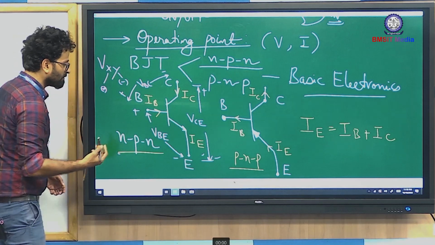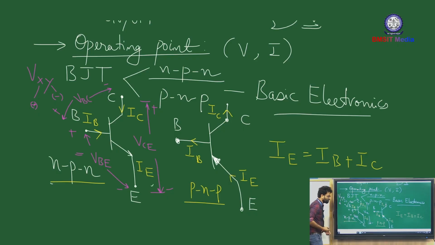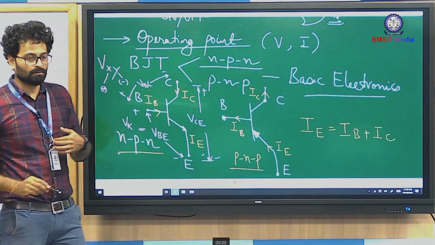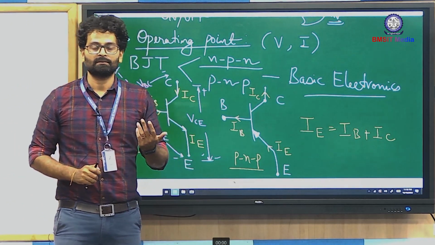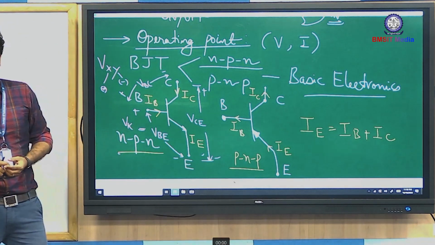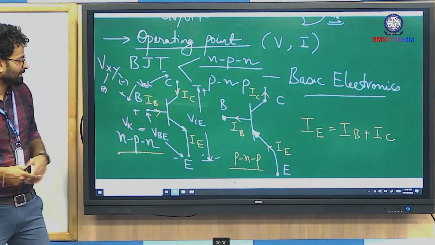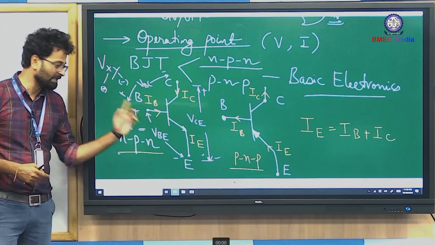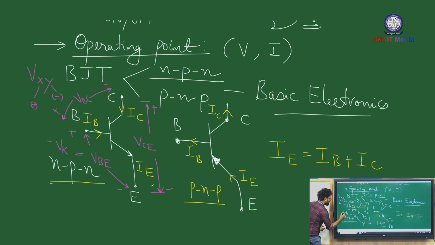In case of a transistor, this VBE is equal to the threshold voltage of the semiconductor material. For example, if your transistor is constructed using silicon, then the barrier potential of the PN junction for a silicon diode is going to be 0.7 volt. So this is for silicon. On the other hand, if you construct a transistor using germanium material, the barrier voltage is going to be 0.3 volt.